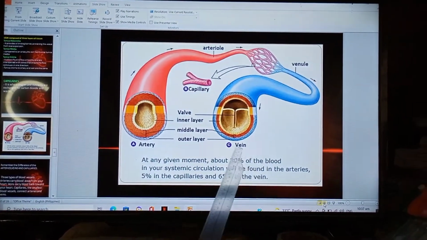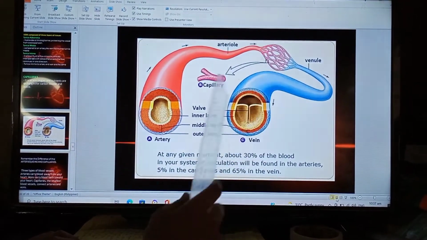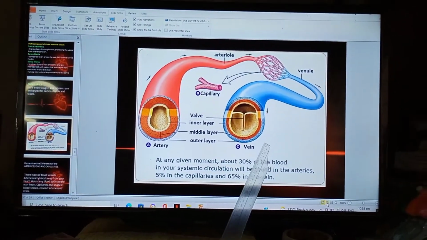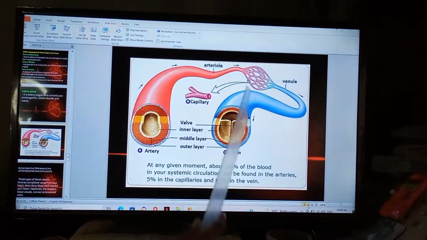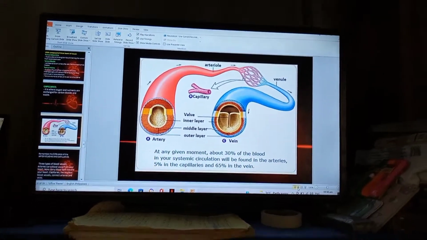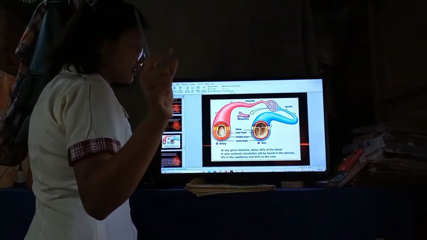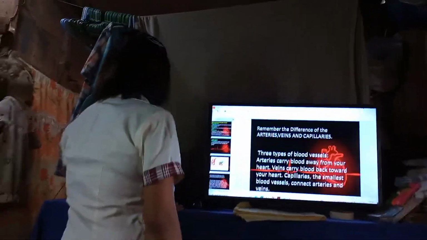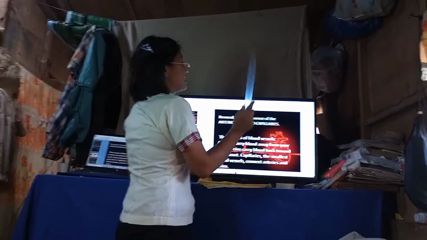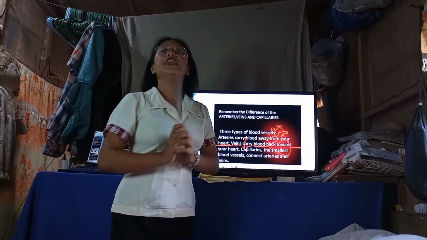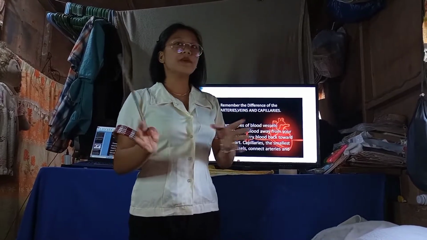Then the vein has a venule, while the capillary is the one connecting the artery and the vein. They have a little difference. So remember the difference of the arteries, veins, and capillaries. Can you give me the difference of these 3 and some similarities?